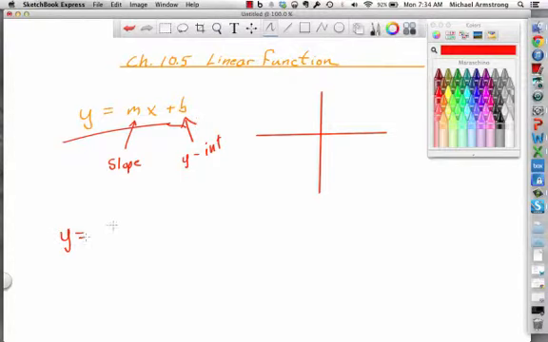Just say we have y equals 2x plus 2. So the y-intercept, which is this one, is at 2, and it's where it crosses the y-axis. And so since this is the y-axis and this is the x-axis, the y-intercept crosses the y-axis at 2, and the point would be 0, 2, if you were to put a point in there.